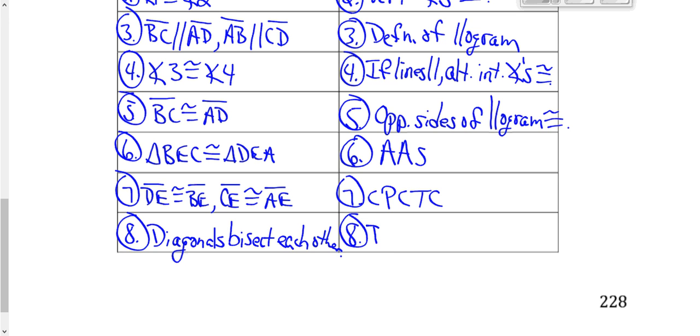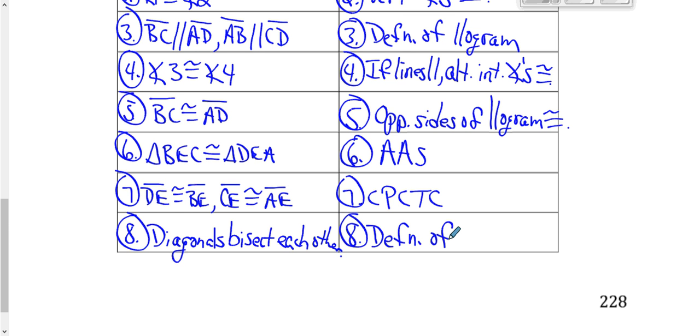Definition of what? If we showed these are congruent, why can we say they bisect each other? The definition of what? Segment bisector.